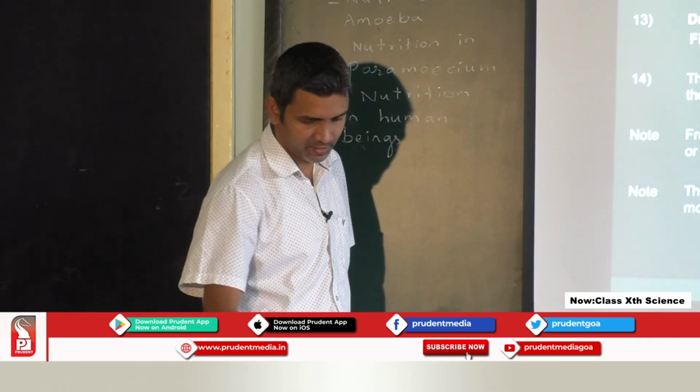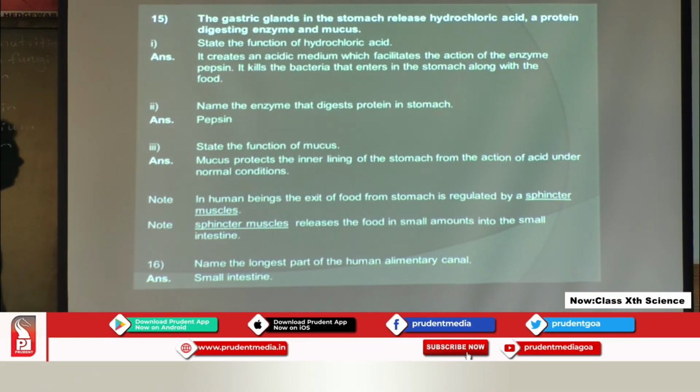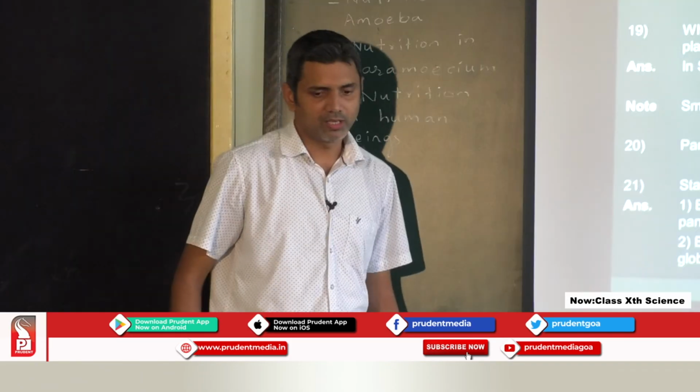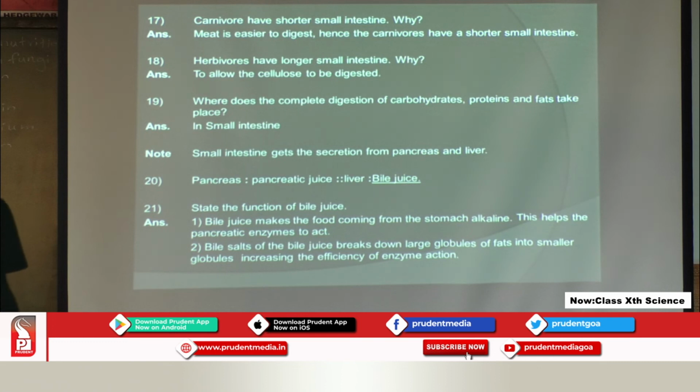Yes, about gastric glands too. These are the things that we have covered in this session. Carnivores have a shorter small intestine, herbivores have a longer small intestine. So, these are the things that we have covered. Thank you.